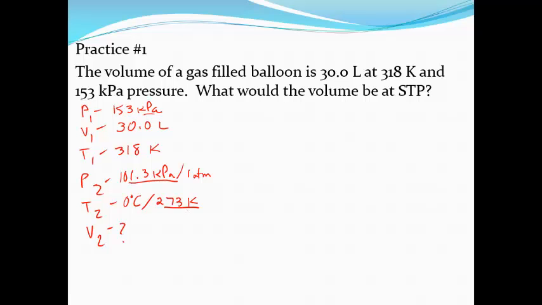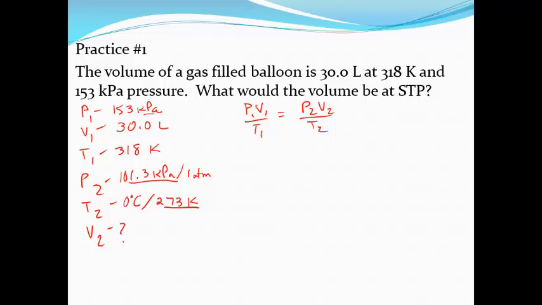That goes way back many units ago when we first looked at standard temperature and pressure. We're going to use pressure 1 times volume 1 over temperature 1 equals pressure 2 times volume 2 over temperature 2.